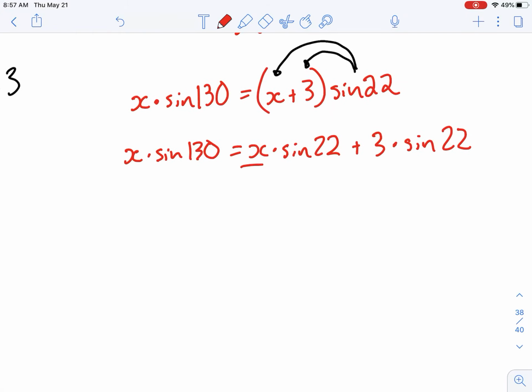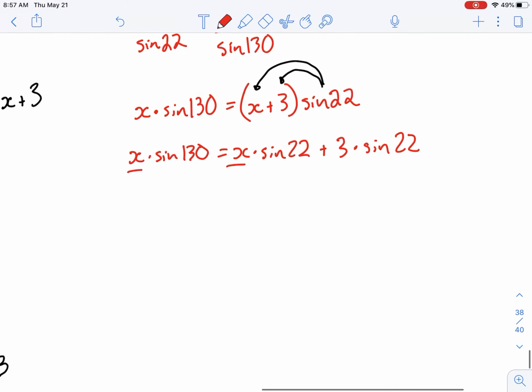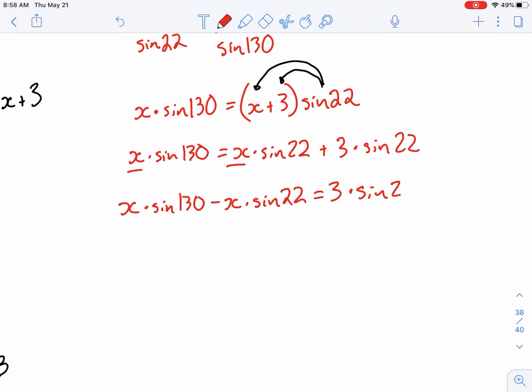Now I've got two variables. I've got an x here and an x over here. So we want to get those x's together and factor them out, so we only have one x in this equation. So x times sine 130, when I bring this over, it becomes negative, times x times sine 22 is equal to 3 times sine 22.